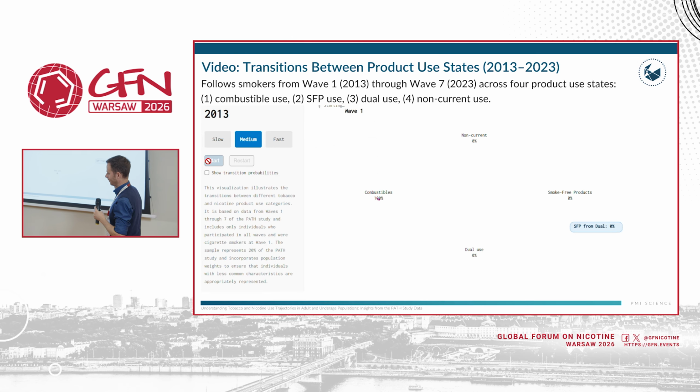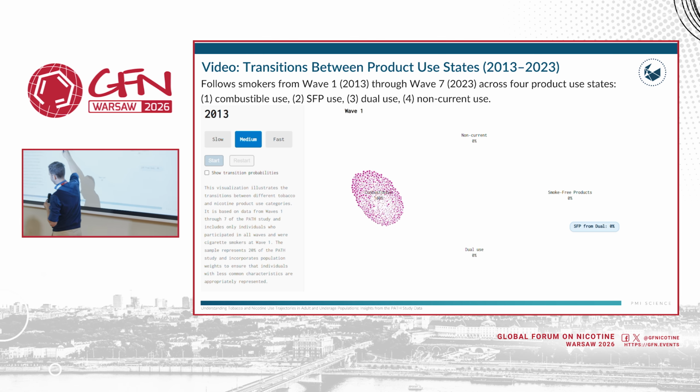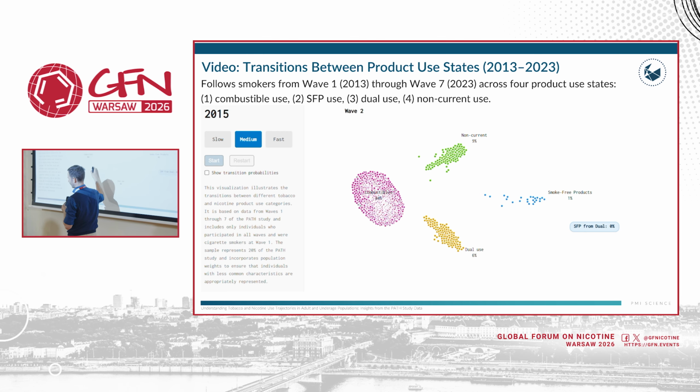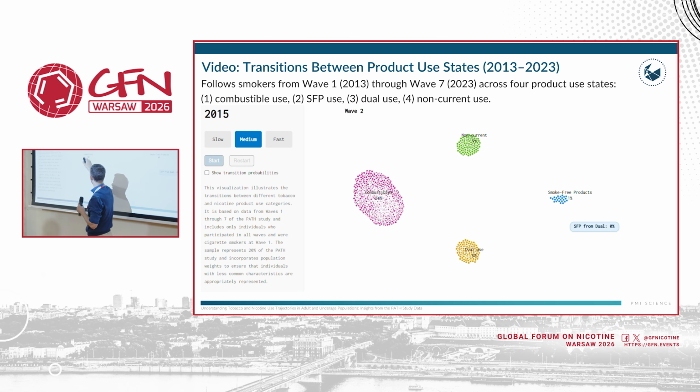Okay, so my last slide before the conclusions is going to show a starting cohort of combustible smokers. You will see a big red or purple blotch of points appearing here very soon.